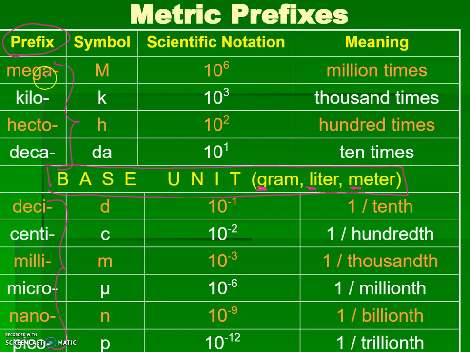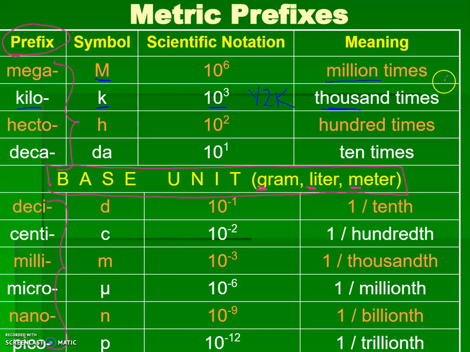All right, mega, which is capital M, is 10 to the sixth, or a million times a base unit. So like a megameter is going to be a million meters. Kilo, little k, is 1,000 times. Okay, so when we saw that Y2K business back before you guys were born, it was the year 2000.